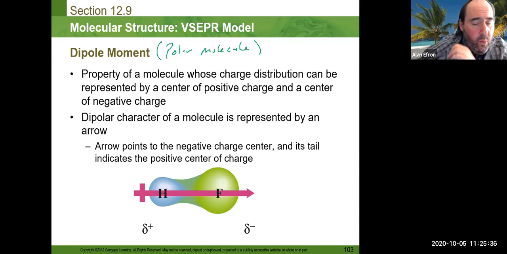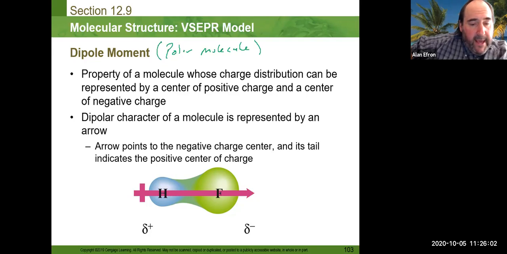Now, when we look at dipole moments or molecular polarity, it shouldn't be confused necessarily with what we saw earlier, which was bond polarity and using those electronegativity values. When we use those electronegativity values, if you remember, that ran from 0 to 4, that helps us determine whether or not we have a polar bond, a nonpolar bond, or an ionic bond.